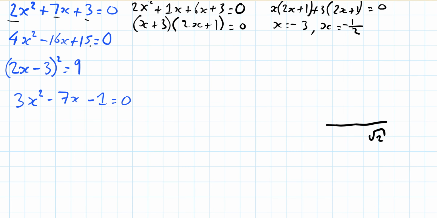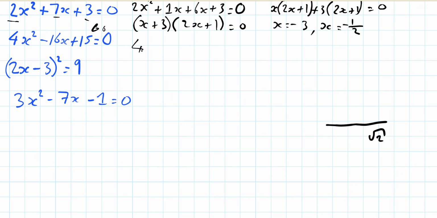So again, same thing, we'll do 4 times 15 is 60. So we're gonna need two numbers that multiply to give me 60, that add to give me minus 16. So to add to give me minus 16, I'm going to use 10 and 6.